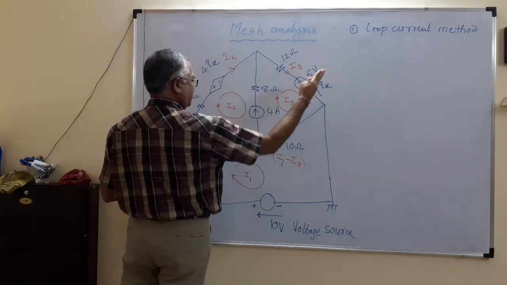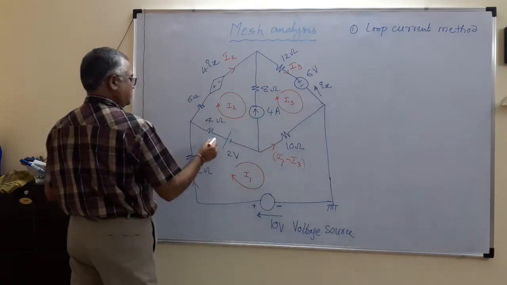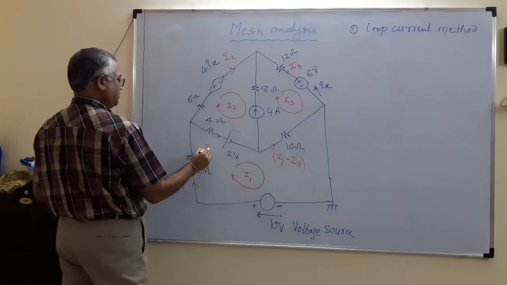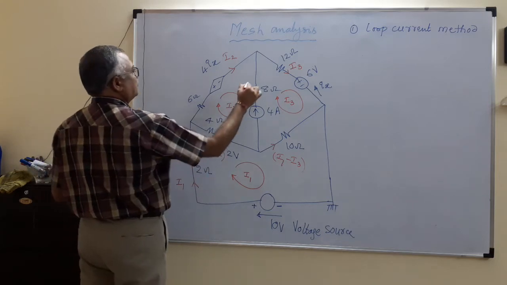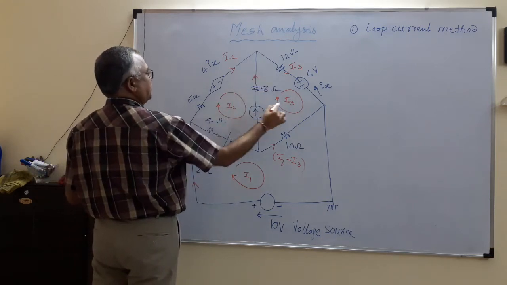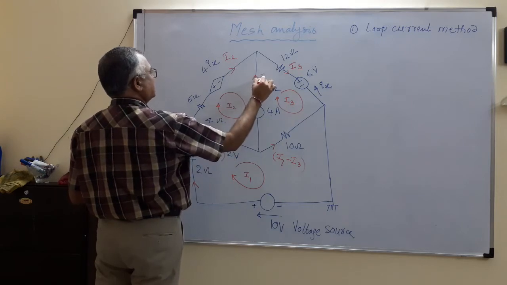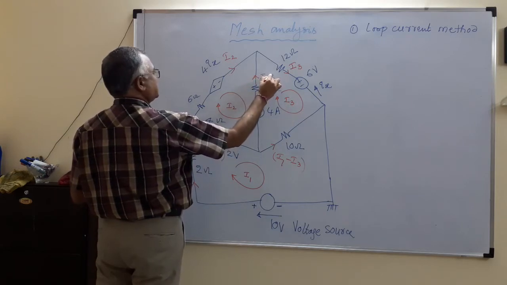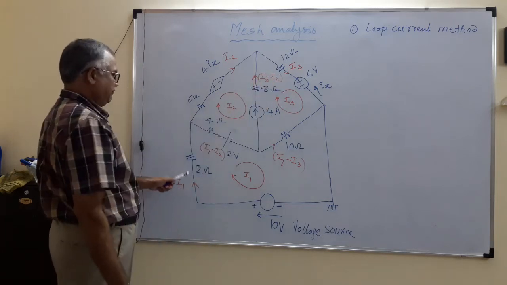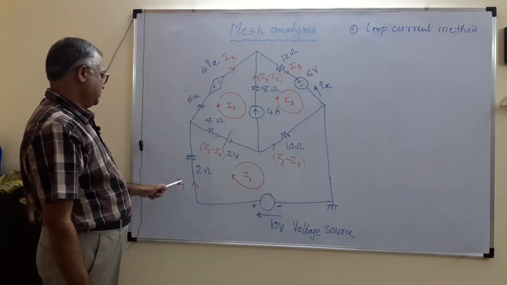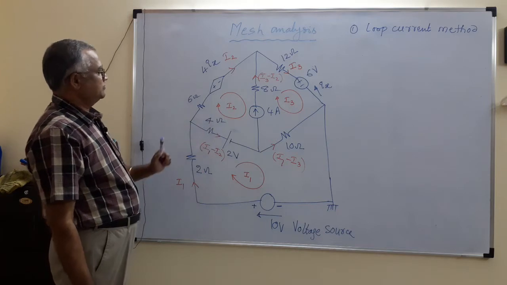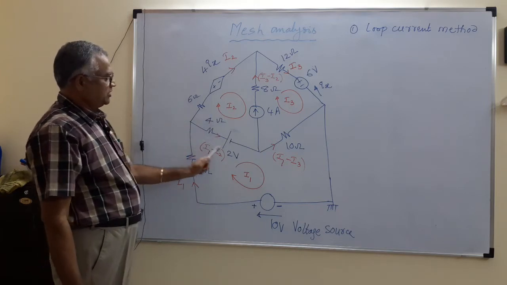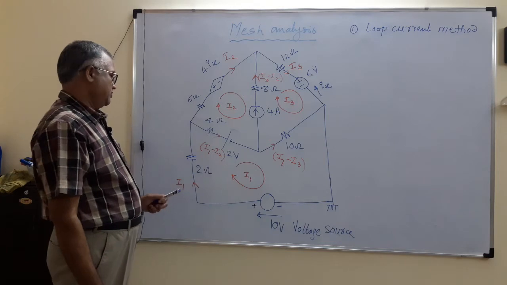What is effectively flowing this side? I1 minus I3. The same way this side, I1 minus I2. And this side, I3 minus I2. So everywhere we got the current. This is now branch current. I1 minus I3 is also a branch current. We are finding branch currents from loop current.